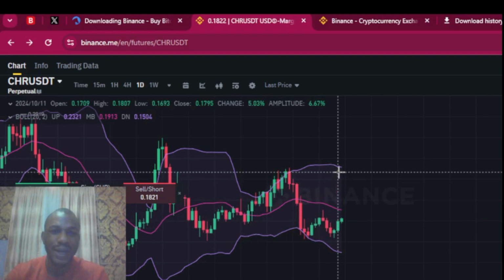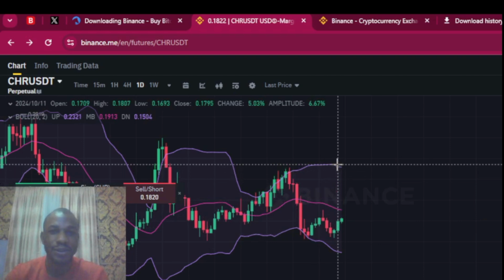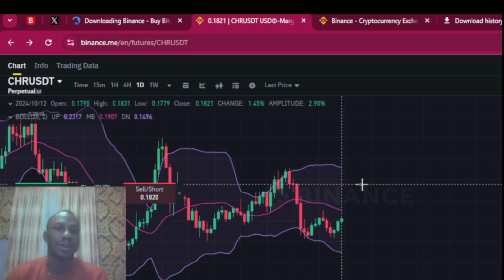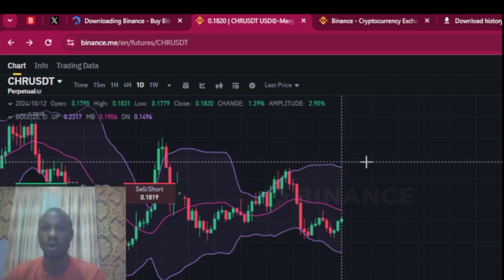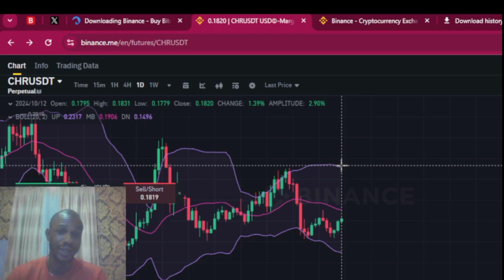Then the upper line is when the market is ripe for sale. It simply means the market is oversold at this point. When the market appreciates to this extent, it is wise for you to sell off that asset, or you can enter a sell order here.